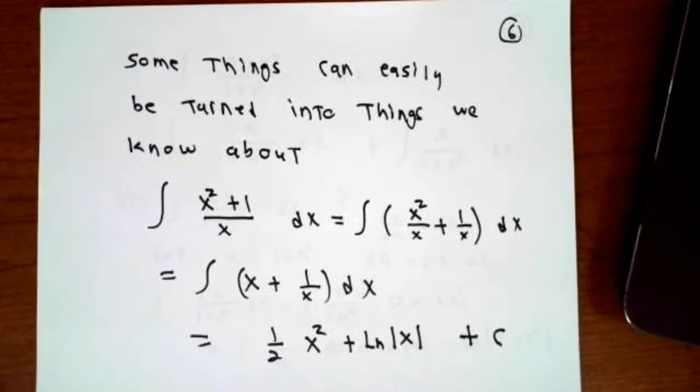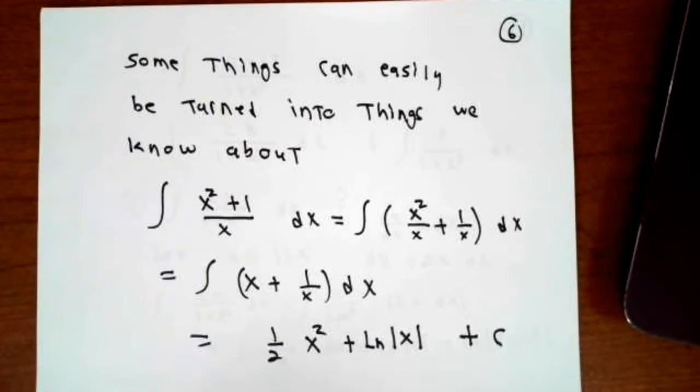Some problems can be twisted around easily into a form that you can deal with. For example, the integral of x squared plus 1 over x. Because of the way we add fractions together, that's just the integral of x squared over x plus 1 over x. Of course, x squared over x is x.